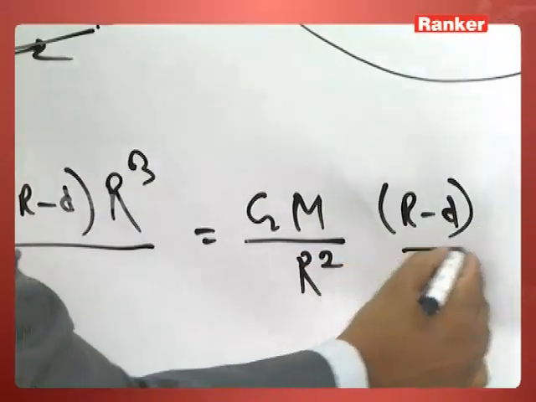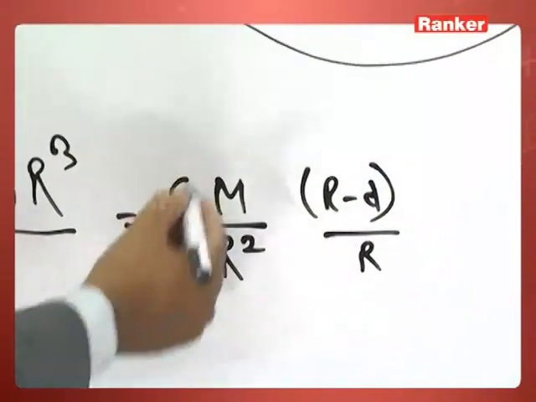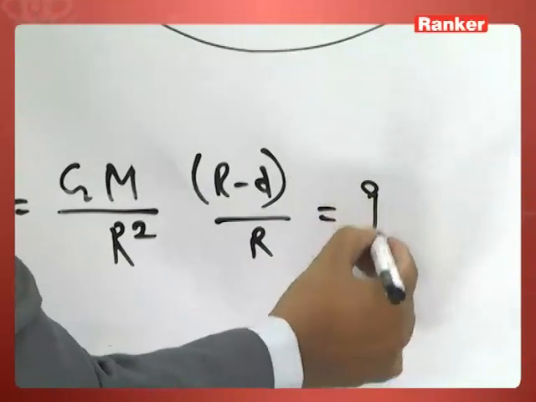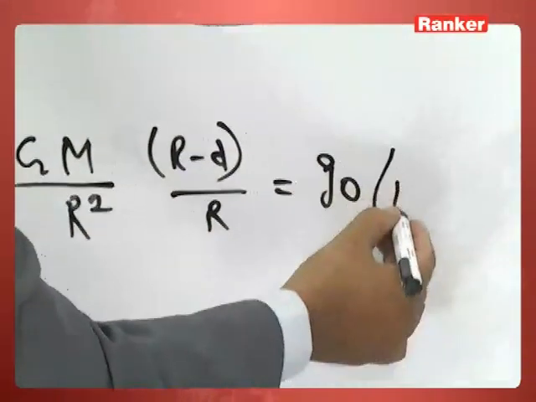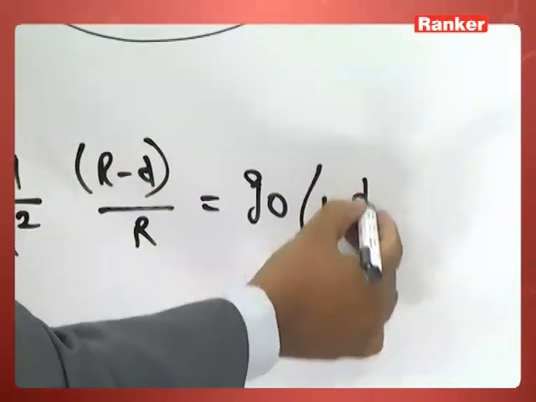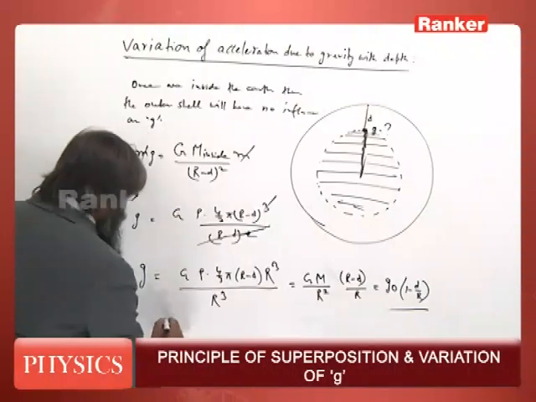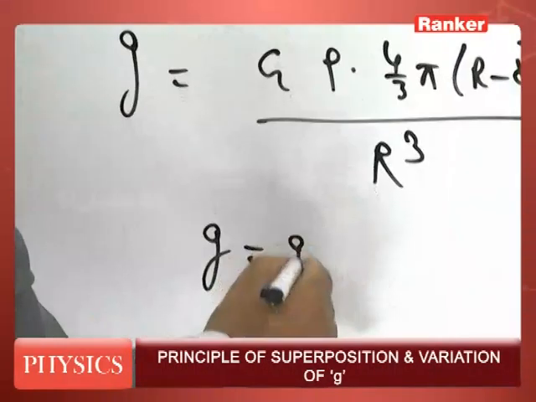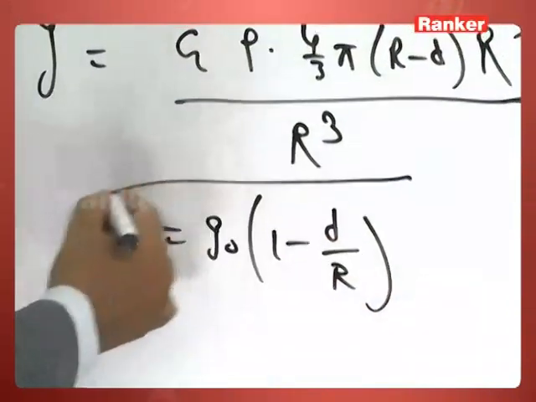So, r cube will simply be written as r square, and now this term is g naught, the gravitational field on the surface of earth, into 1 minus d by r. This is the expression of g. Thus, g will be given as g naught (1 minus d by r).